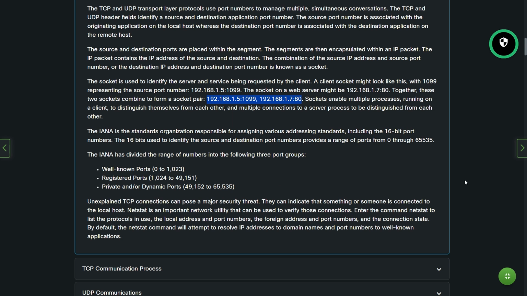The first group is well-known ports, from 0 to 1023. The next group is registered ports, from 1024 to 49,151, and the last group is private and/or dynamic ports, from 49,152 to 65,535.